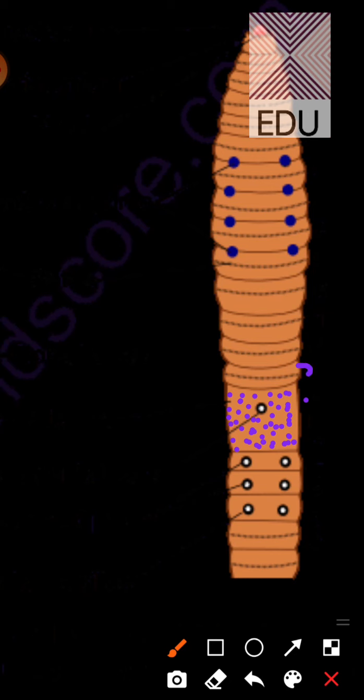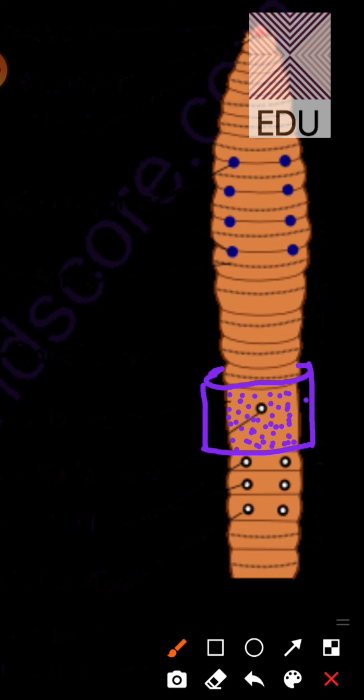Suppose this is that particular layer formed over the clitellar part. Now it is present around the clitellum.